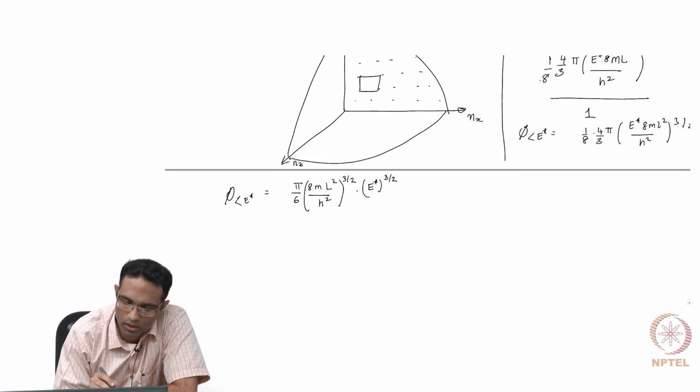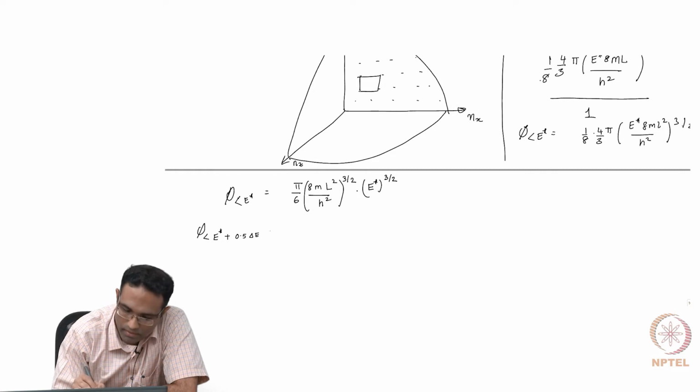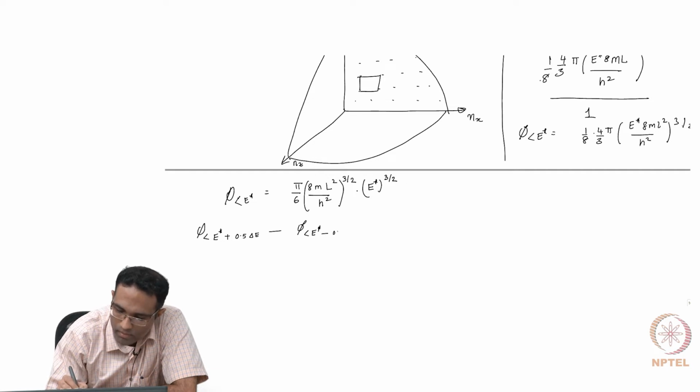Right. What we can do is, we can calculate phi of E star plus 0.5 some small energy, subtract it from... right.